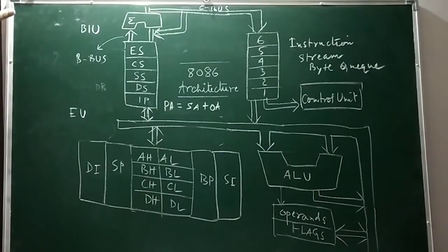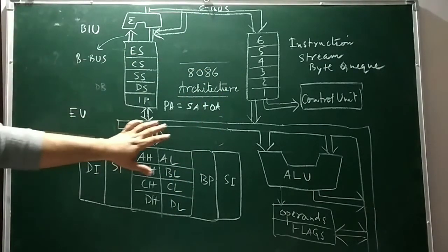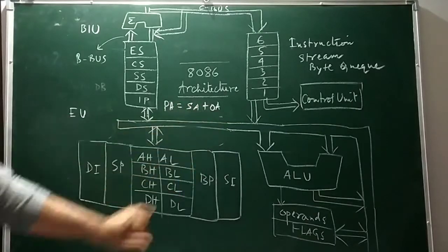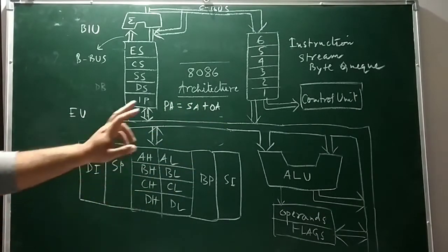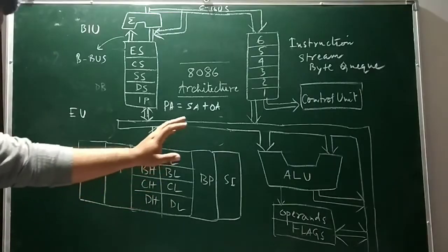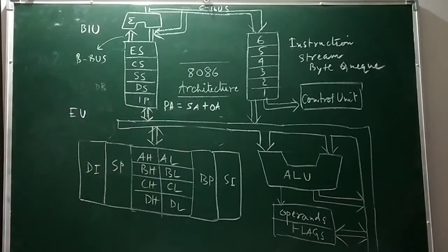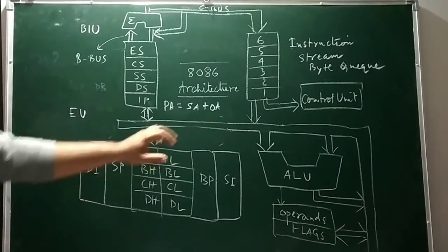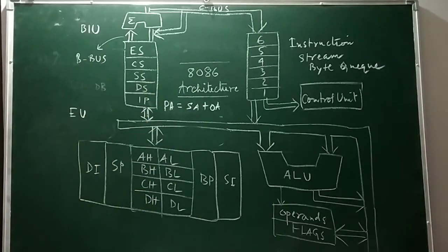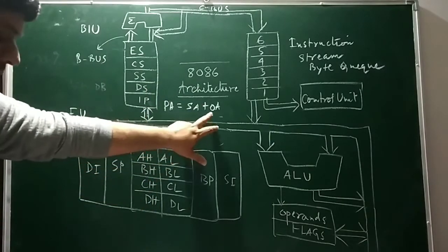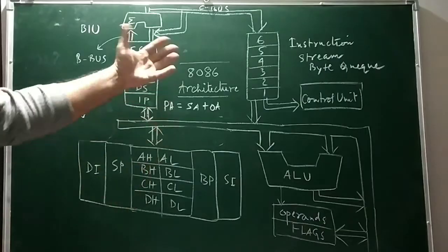It is very important to calculate the physical address. So to know the physical address, you should know the segment address plus the offset address. The first is the segment address: the segment registers contain 16-bit segment base addresses related to different segments of the 8086 architecture, and the second part is the offset value of that segment.